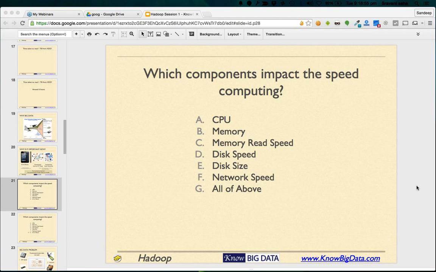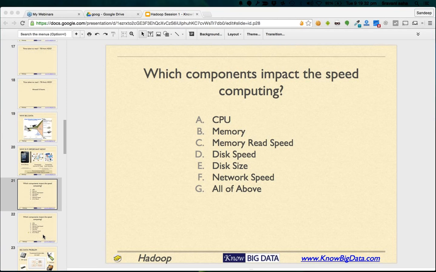Vinod says memory read speed. Madhumita, Vijay, Akash, Pooja, Yogesh, Vinod, and Ram all say all of the above. Now, the question from Ram is: all except disk size? He says all from A to F except for E. Do you agree? Let me answer him.